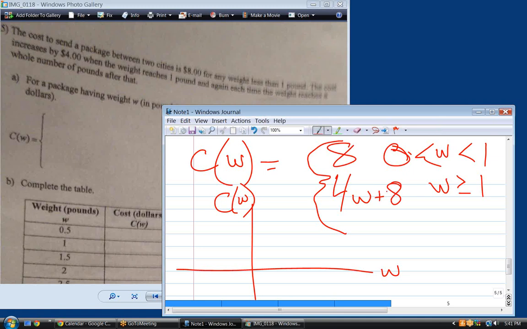Well, that makes sense. It's $8 up until 1 pound weight, but the moment it hits 1 pound, you add another $4. Well, when W is 2, we're going to add $8 to 8. So this function perfectly reflects the words.